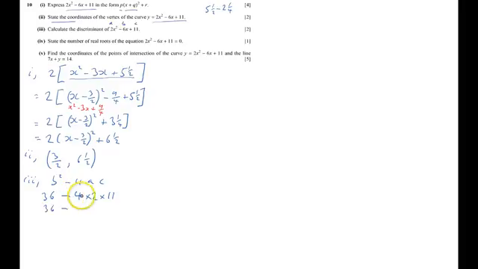So I've got to do 36, take away 2 times 4 is 8, and then that'll be 88. It's going to end up being negative, and 88 take away 36 will be 52. Minus 52 is part 3.